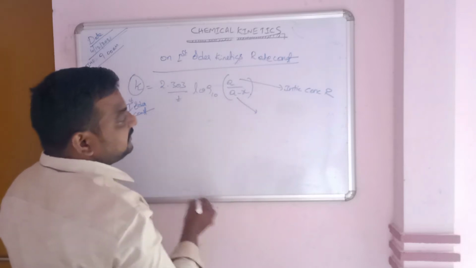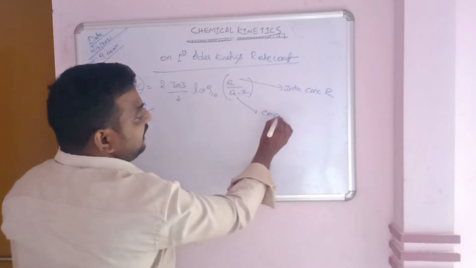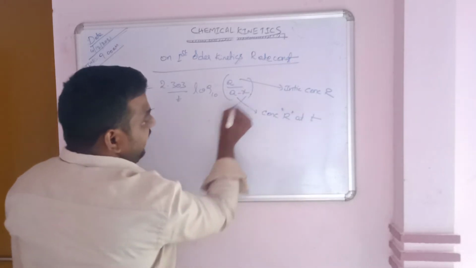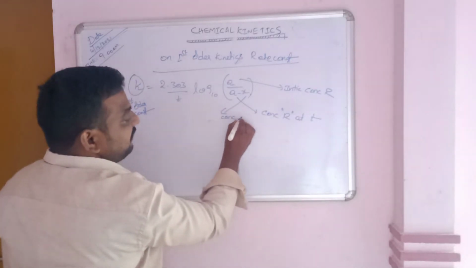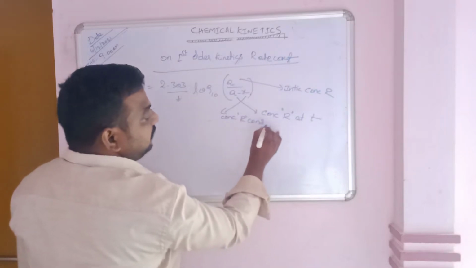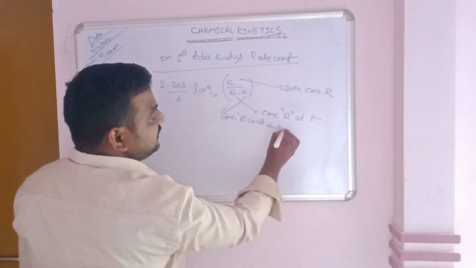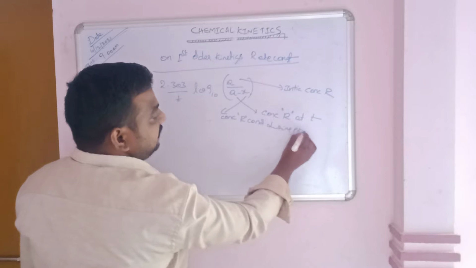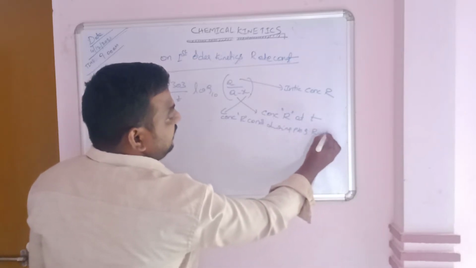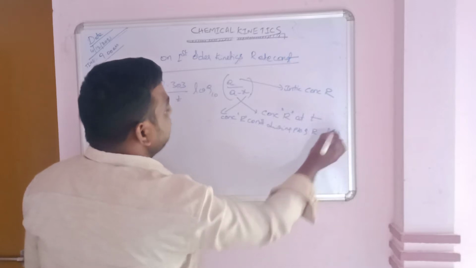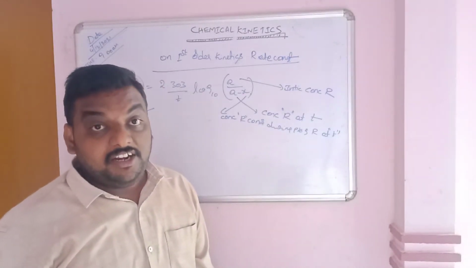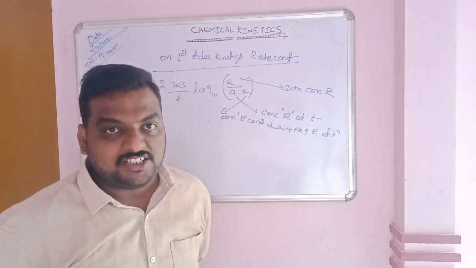A minus X is the concentration of reactants at a time T, where X is the concentration of reactants consumed during the progress of reaction at time T. So this is the first order rate constant in terms of concentration.